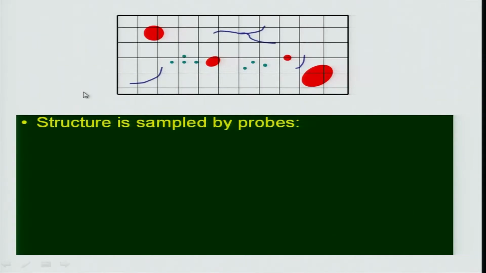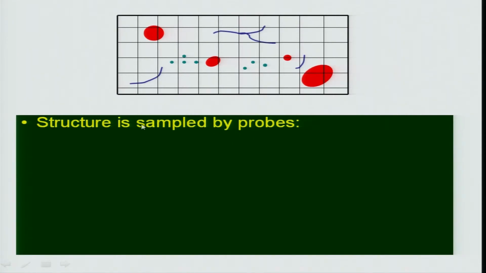Now, let us see how actually stereology is implemented. One of the things we need to understand is a few terms. One of the terms in stereology is probes, which are used to probe the microstructure, the 3-dimensional structure of the material, or what is called here, structure is sampled by probes.